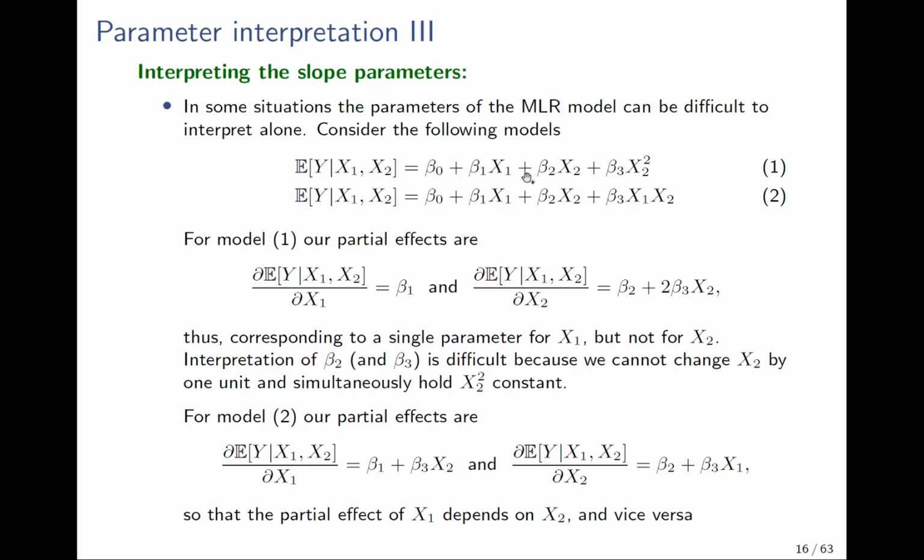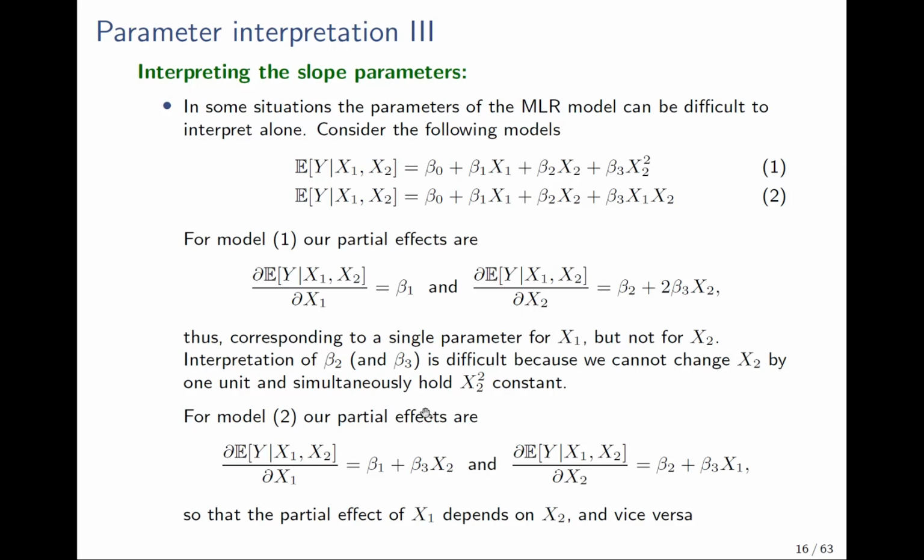And that means that in this model here, interpreting beta 2 and beta 3 in isolation is actually difficult. The reason being that we wouldn't be able to change x2 by 1 unit and simultaneously change x2 squared by 1 unit. In order to get a sense of how x2 is affecting the mean response, we need to use the total partial effect, not the individual coefficients. So we want to interpret the partial effect, not the individual parameters in this case.